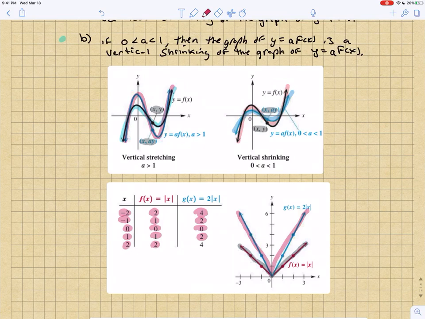When I look at x equals 2, and I process in the function f of x is equal to the absolute value of x, I get 2. But when I look at g of x, which is 2 times the absolute value of x, my result is twice as large. Again, it's a vertical stretch, and I would say by a factor of 2.